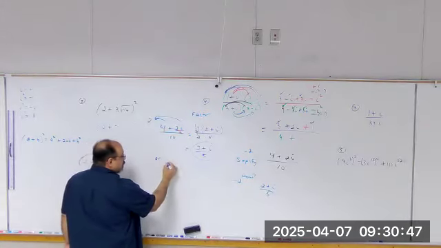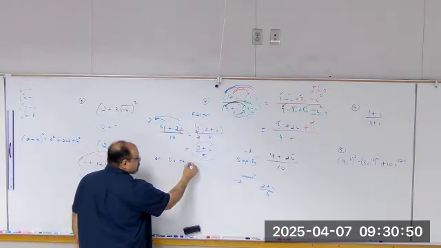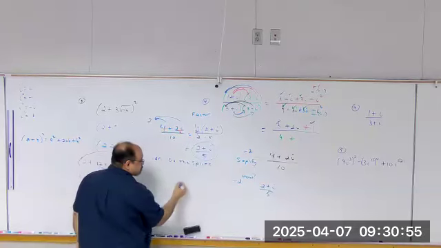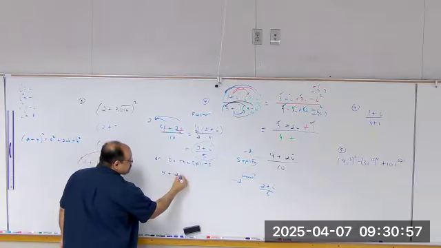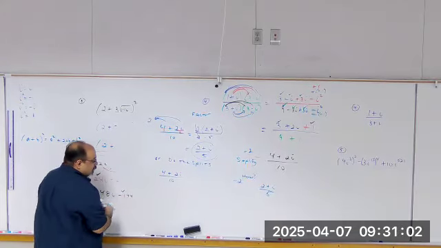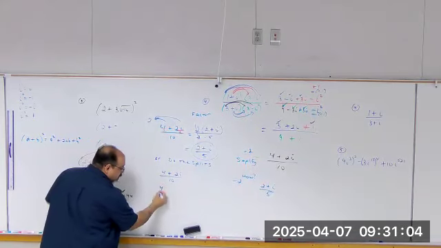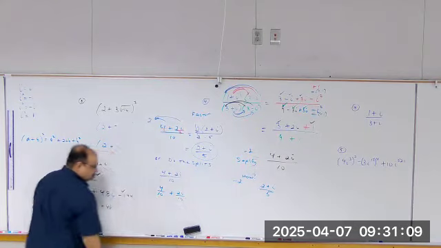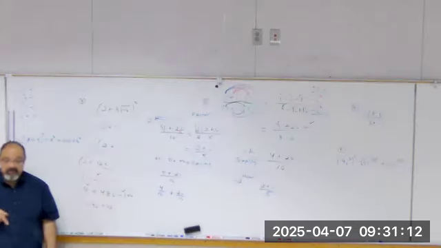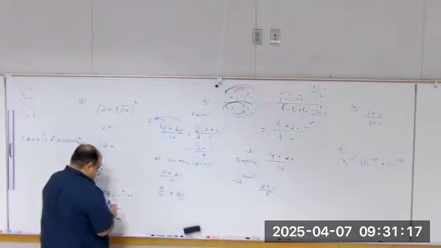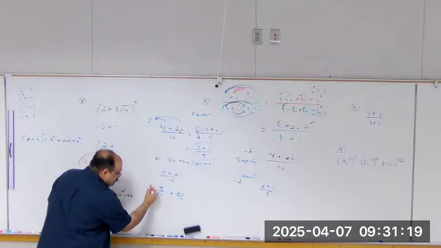Or do the splits. Split it up into 2 separate fractions. We can rewrite this as 4/10 plus 2i/10. And reduce the fractions individually, separately. This one is 2 times 2 over 2 times 5.